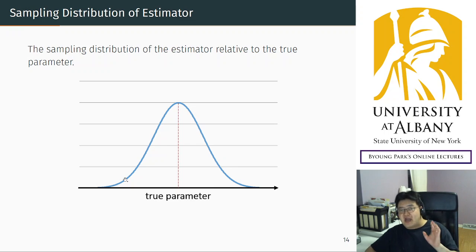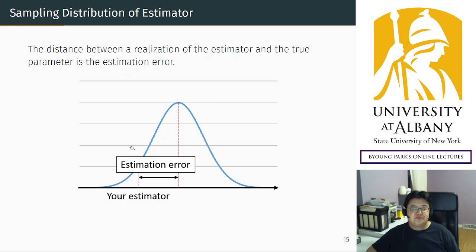If your estimator is reasonably good, then it will be distributed like this around the true parameter, right? It may happen here, or here, anywhere with some probability, but naturally most probability will be close to the true parameter, and extreme errors will be small.